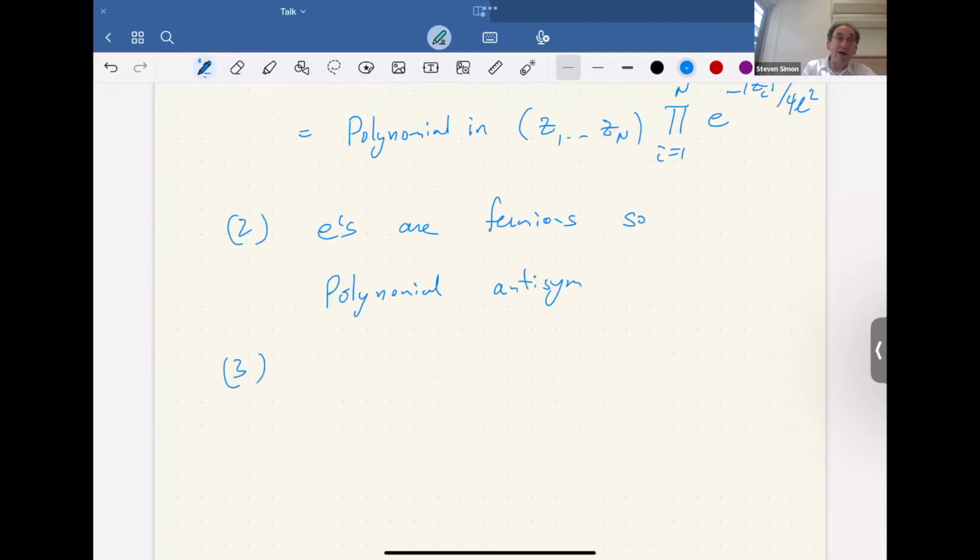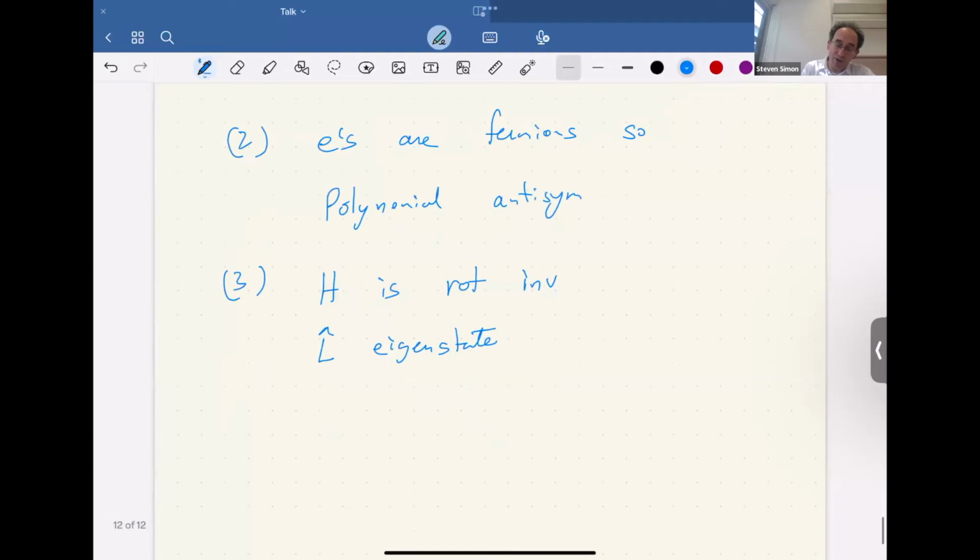Three, the Hamiltonian is rotationally invariant. So that means it has to be an angular momentum eigenstate, which means the polynomial is homogeneous of some degree.